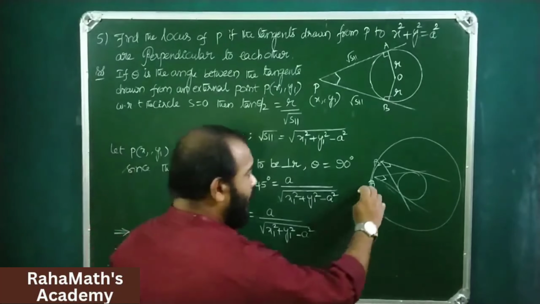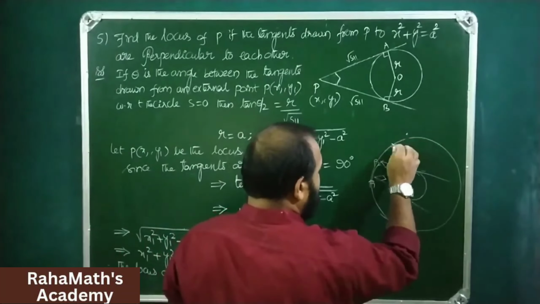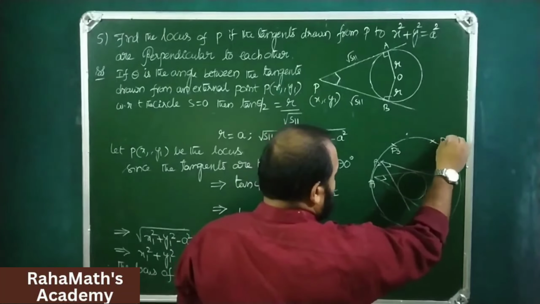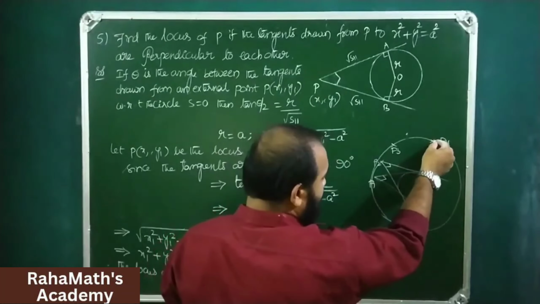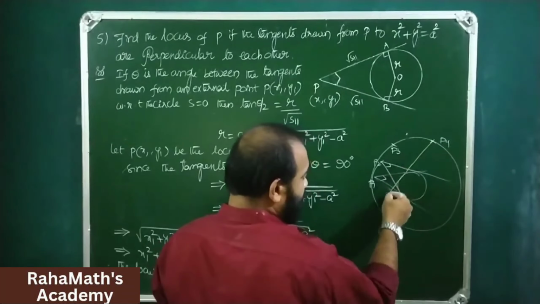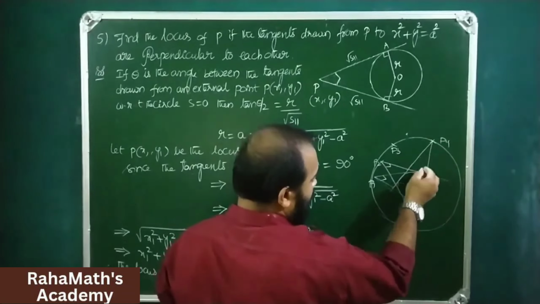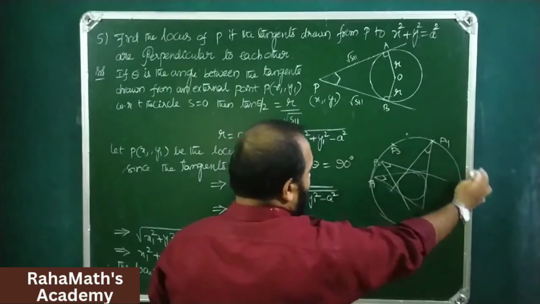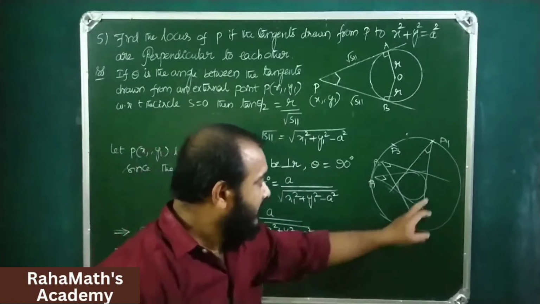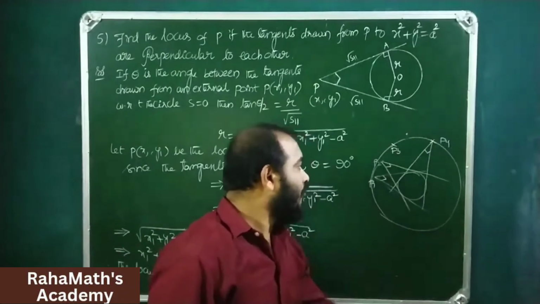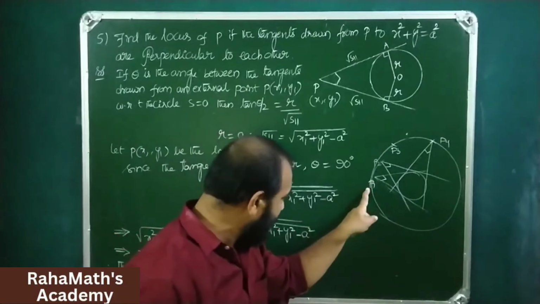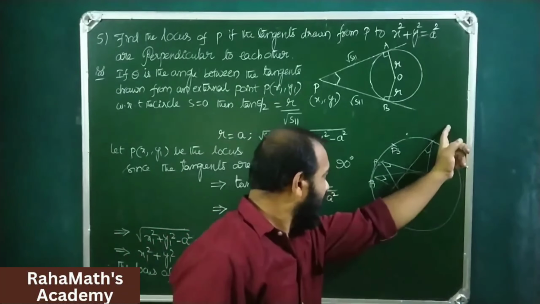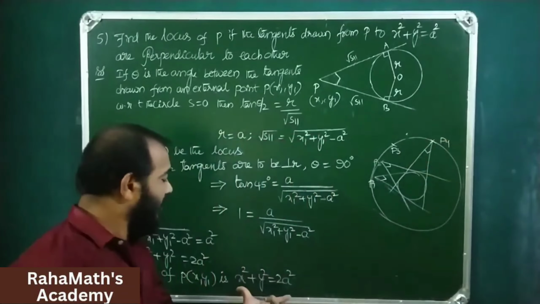So from each point draw two tangents which are perpendicular to each other, and if I join all these points, then the circle is formed. Therefore, the behavior of this point P in this plane is a circle.